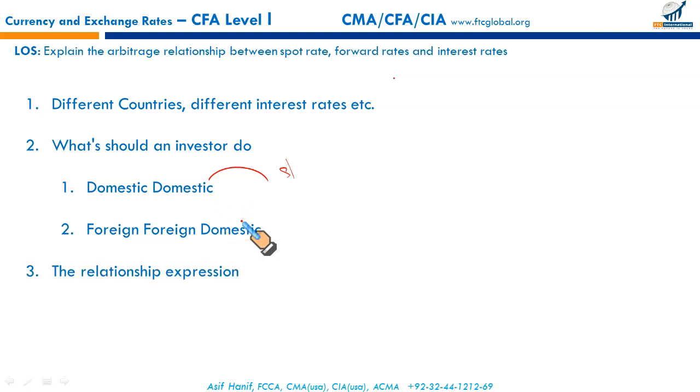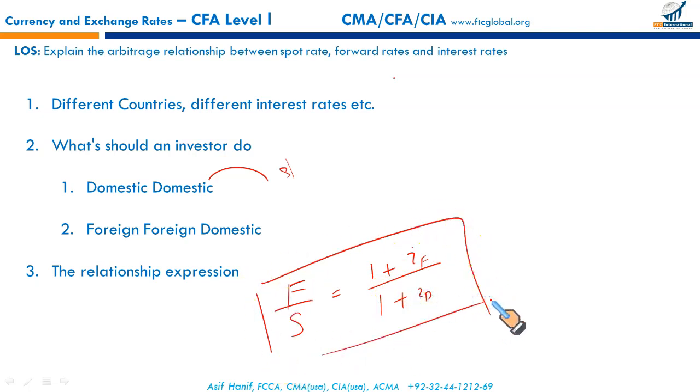So the relationship that we can use to calculate how much arbitrage profit he can make is this: forward upon spot is equal to 1 plus interest rate foreign over 1 plus interest rate domestic. I will show you in the next slide how we can use this.